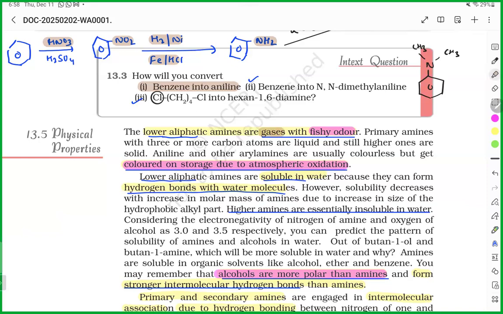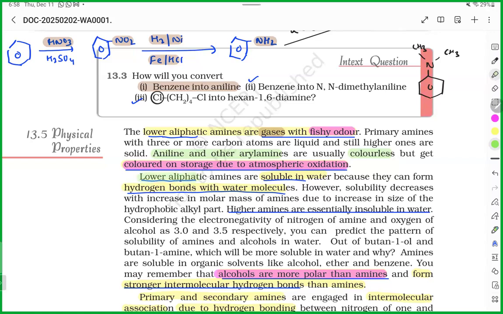And when you take aniline or other aryl amines, because they are heavy molecules, they are colorless. There is no fishy odor in the higher members. But if you store them, they become colorful. Why? Because they react with atmospheric oxygen. Correct? This rule is common.